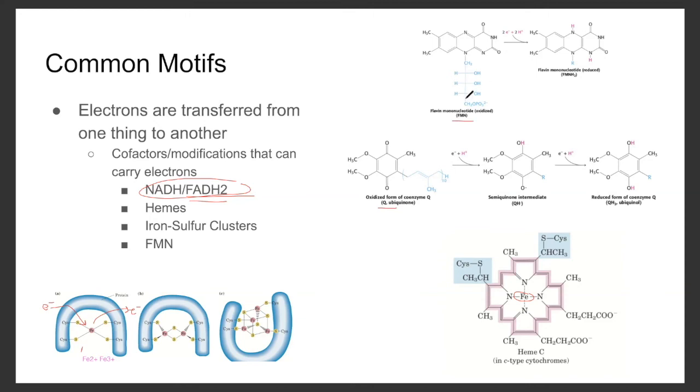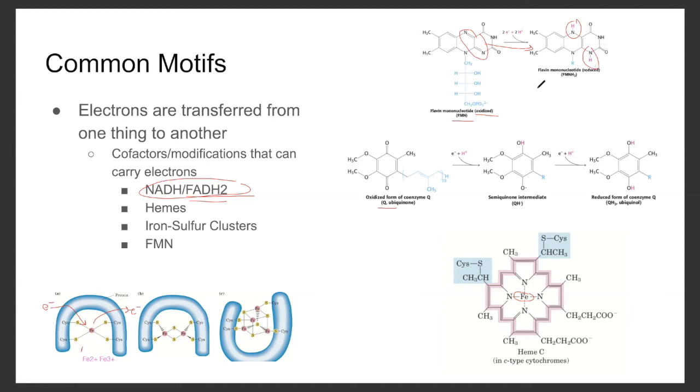These are compounds that can hold on to electrons. To show you an example, look at this form of FMN that is so-called oxidized because it doesn't have electrons. We have the structure in the middle where it's basically nitrogens in a double bond. But once it gets the electrons and becomes reduced, then we start getting amines. And so these are the reduced forms.